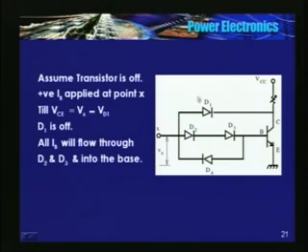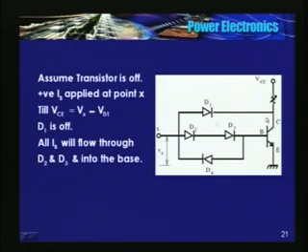I am assuming that the voltage drop across D1 is 0.7. We will see what sort of a diode D1 is and what could be the voltage drop across it sometime later. As of now, I will assume that the voltage drop across D1 when it is conducting is 0.7 volts. So when Vce is Vx minus 0.7, D1 starts conducting.